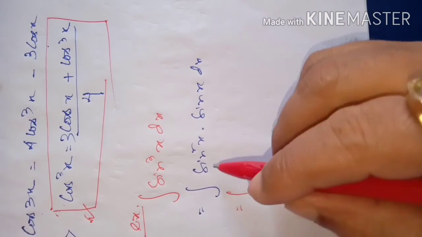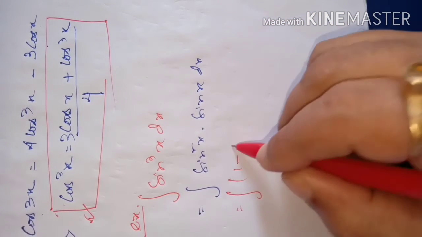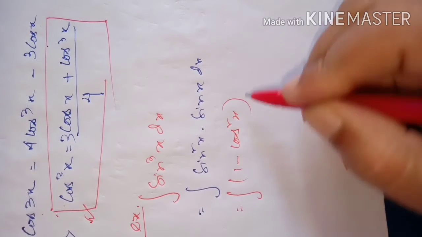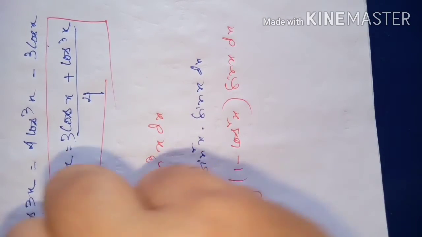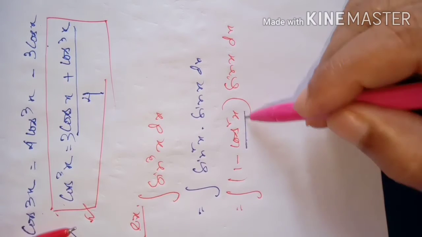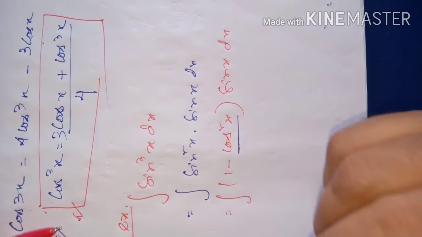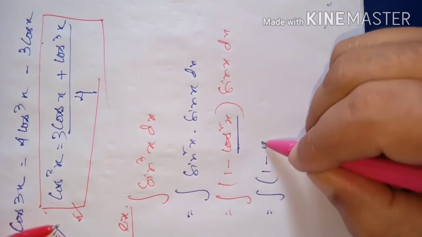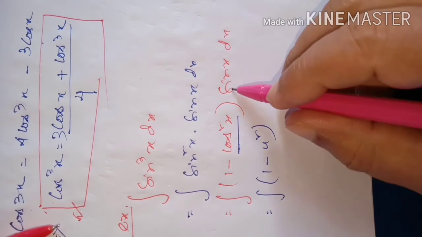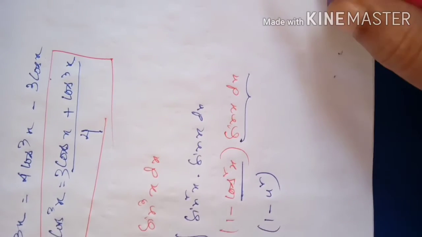Then this sin square x you write in terms of cos square, 1 minus cos square x, then sin x. And now suppose for cos x, you take a new variable u, then you can proceed like this, integration of 1 minus, suppose this is u square, then sin x dx.